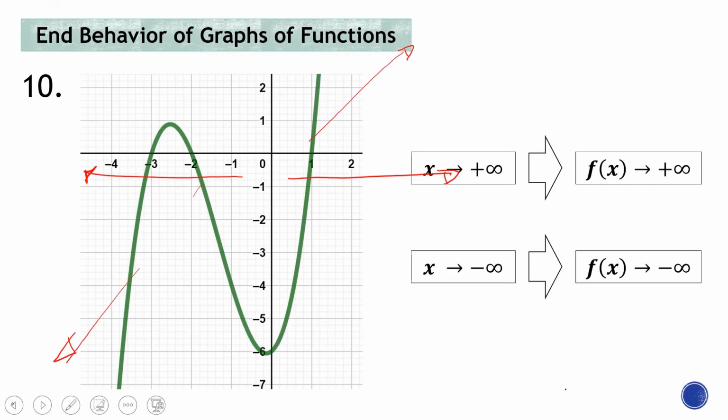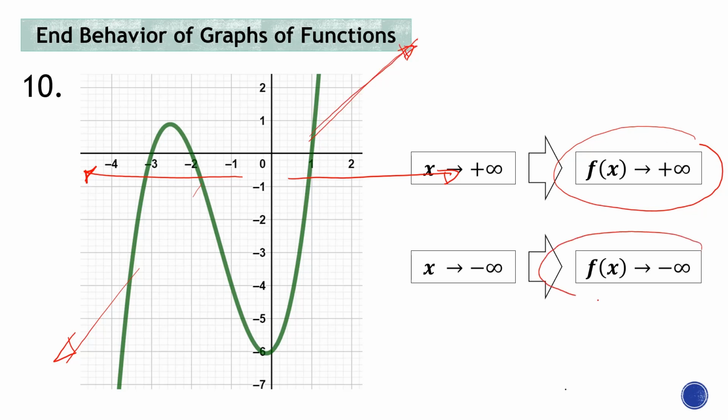Okay? So with those 10 examples I gave you, I hope you learned something. Let's just summarize all the possibilities. So there's a possibility that x is approaching positive infinity, going towards this direction. Another possibility is that either the left or the right side is going towards negative infinity.